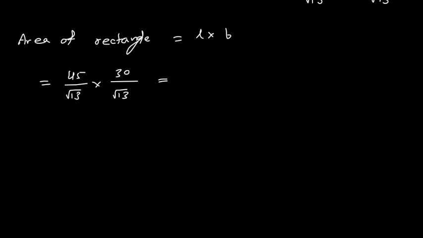So 45 into 30 is 1350, divided by root 13 into root 13, which is 13. So the area of the rectangle is 1350 upon 13 square units. Obviously I will write square unit.